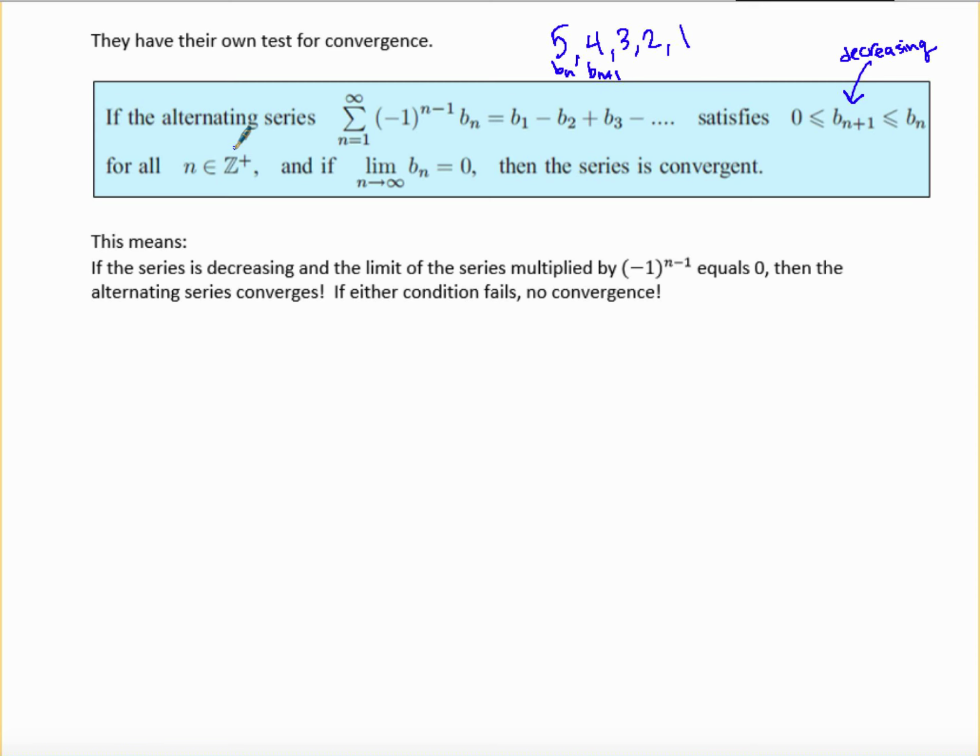You've got the first number, the second number, the third number, but not a 5.5th number. So n has to be a positive integer. And then the limit as n approaches infinity has to equal 0. If it does equal 0, then the series is convergent. This is how we test an alternating series to see if it's convergent.